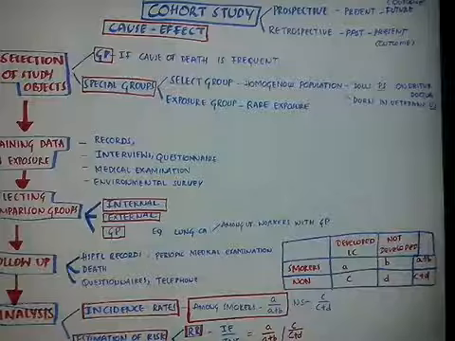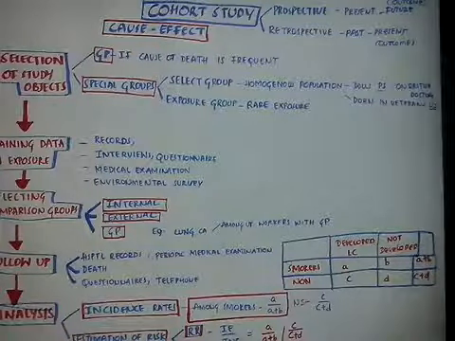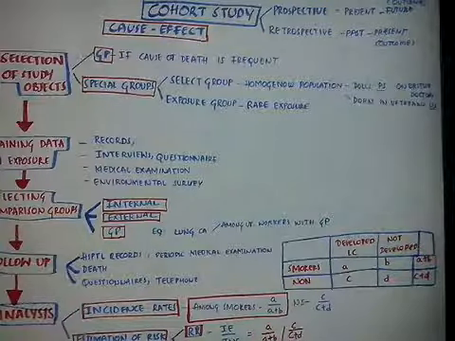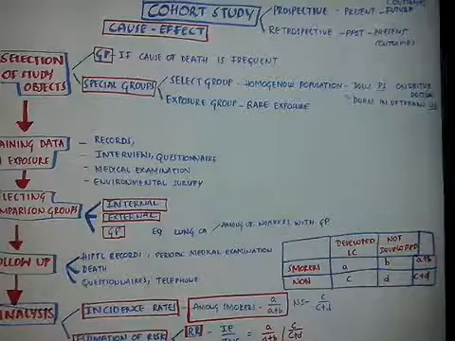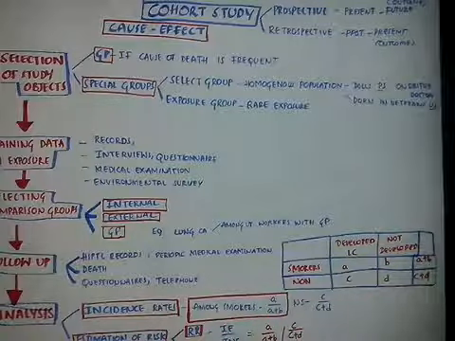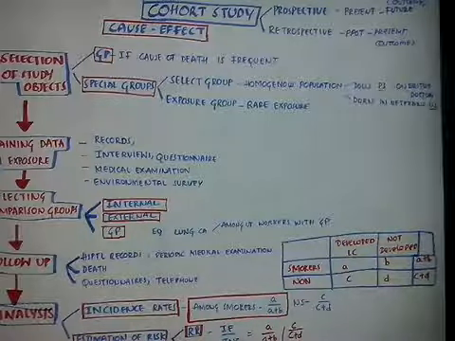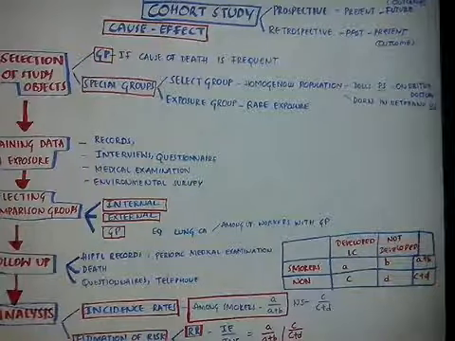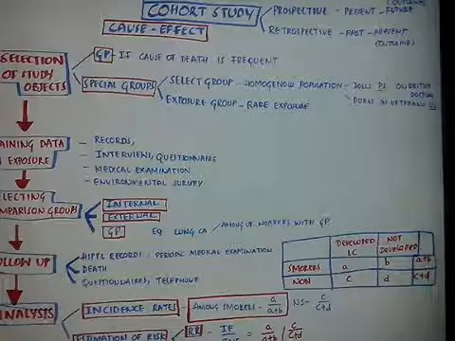Cohort is nothing but a group of people in a specified time or a specified period. If it is a birth cohort, that is a group of persons who are born in that specified period or that same day.